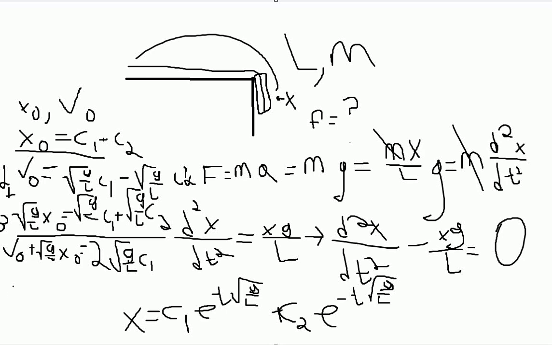And so we get that c1, just dividing both sides by 2 square root of g over L, is v naught over 2 times the square root of L over g, plus x naught over 2. I don't think it's too difficult to verify, but that's what you get for c1.